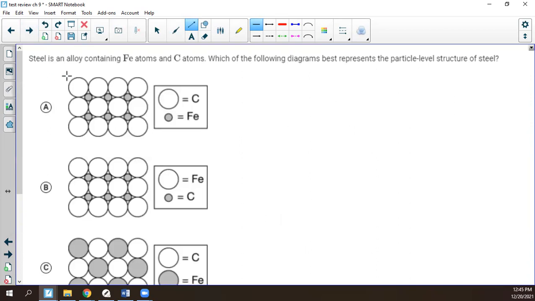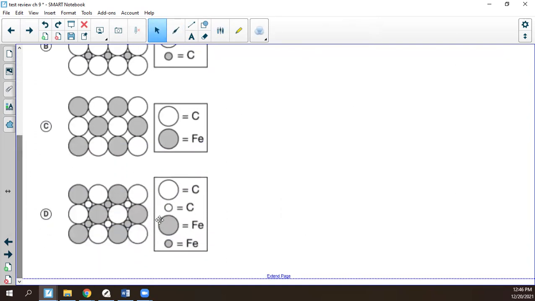Steel is an alloy containing iron and copper atoms. Sorry. Thank you. Carbon atoms. Which of the following diagrams best represents the particle structure of steel? You can't see them all. Let me shrink this. Oh, it's the whole thing.